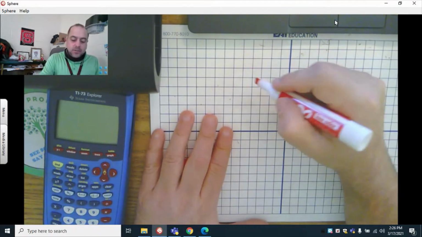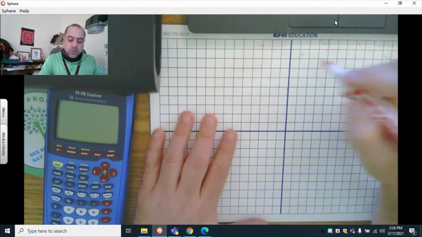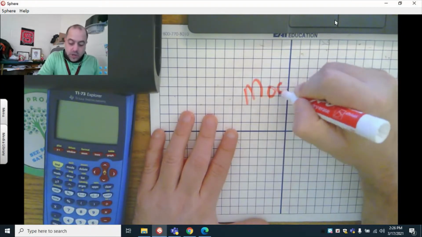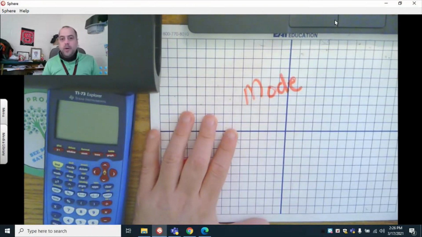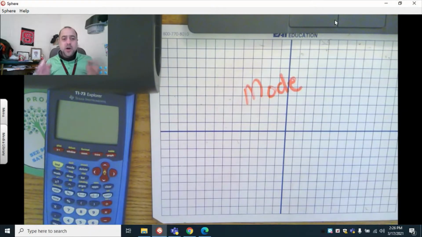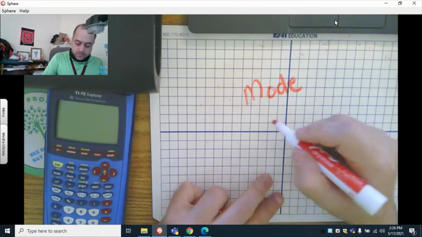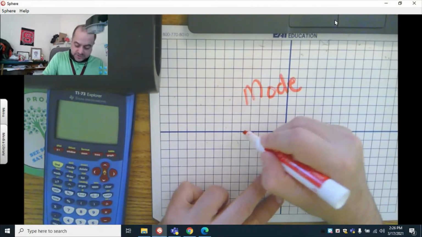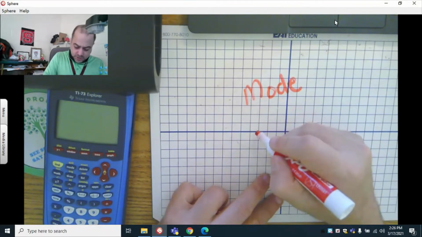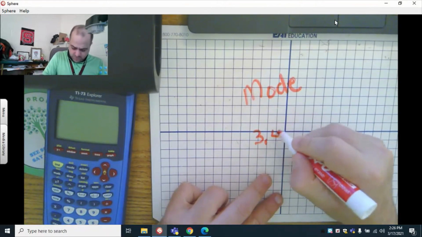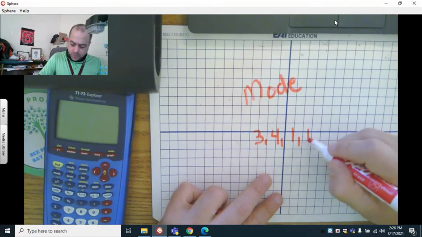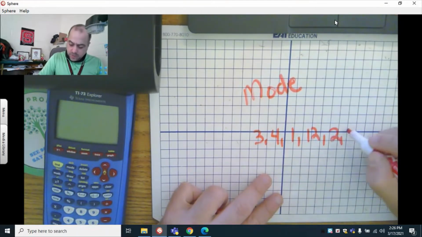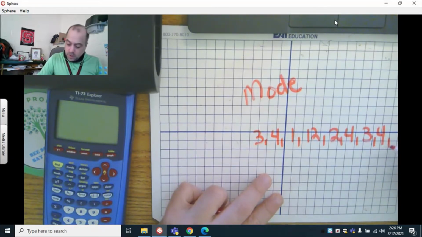The last thing is really the easiest one, and it's called the mode. The mode is just the number that you see the most in your list. So here's our list. Let's make a list: 3, 4, 1, 12, 2, 4, 3, 4, 8.